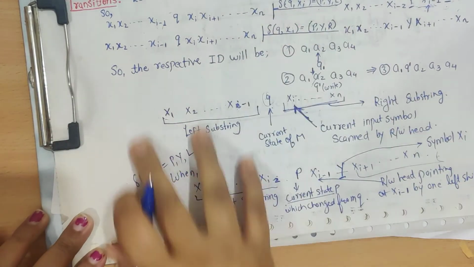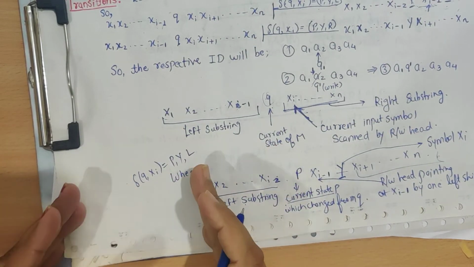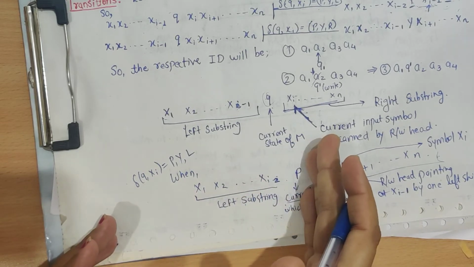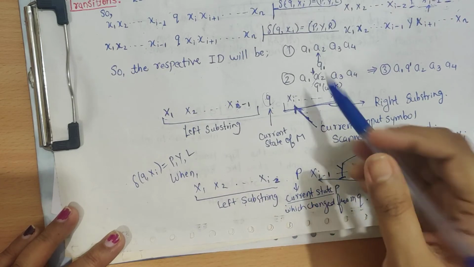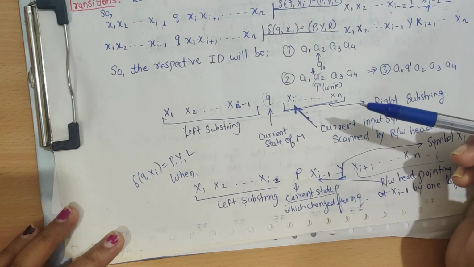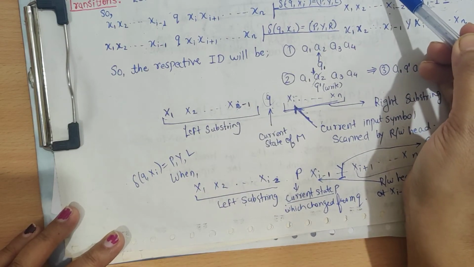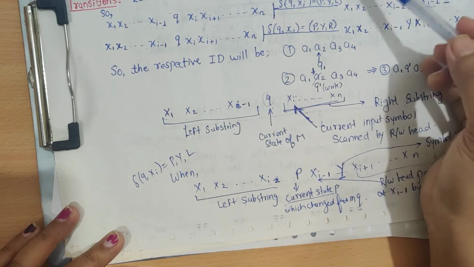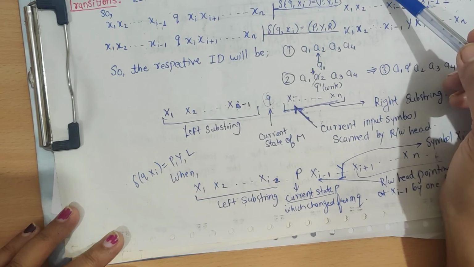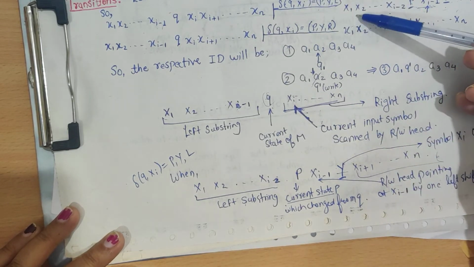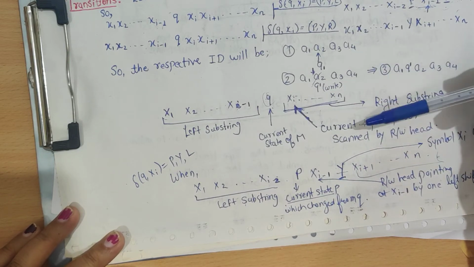So this is how we represent the instantaneous description of a Turing machine. The instantaneous description is a snapshot of the Turing machine to describe its current situation, when the current input symbol is xi, what the current inner situation is while doing the transitions, that we saw here by representing it in the form of the instantaneous description.